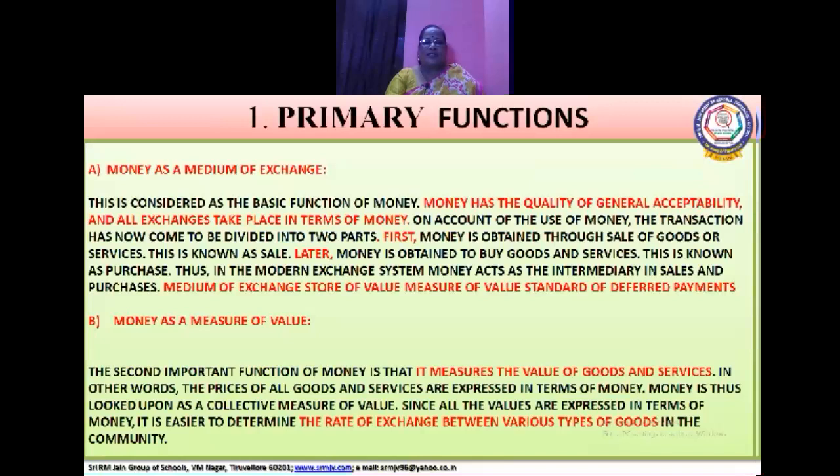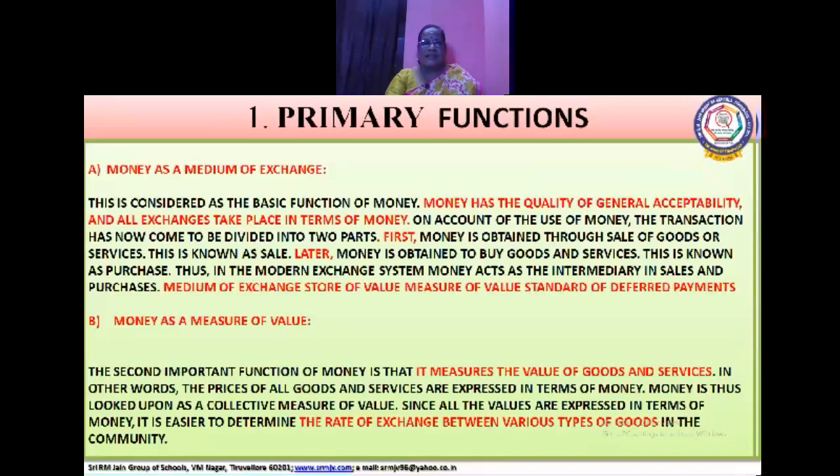Money as a measure of value. The second important function of money is that it measures the value of goods and services. In other words, the prices of all goods and services are expressed in terms of money.